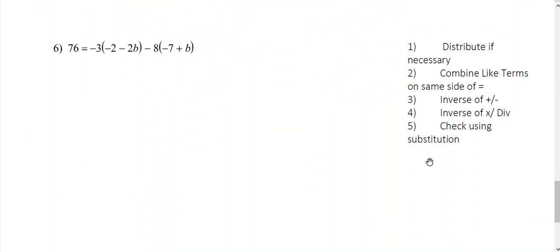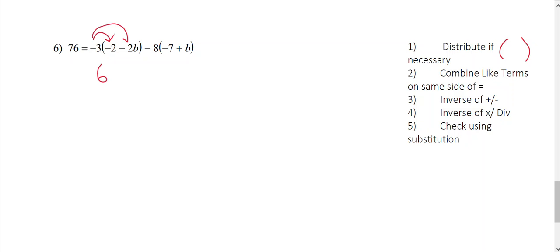And one more example that involves all the steps. So let's review distribute again, because we have parentheses, so we're going to distribute. Negative 3 times negative 2 is positive 6. Use the sign in front of the term when you're multiplying.